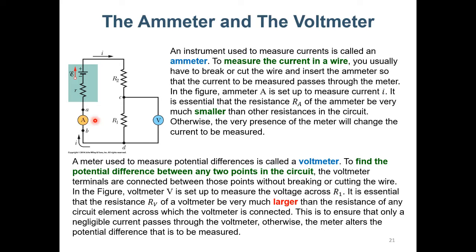So we need to consider that the ammeter should be in series with the current we want to measure, and the voltmeter should be connected to the 2 points we want to measure the voltage difference, and this is not difficult to imagine.